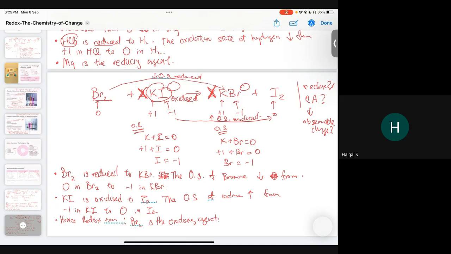Now, what is the observable change? What do you realize I added? Potassium iodide. I know KI is a reducing agent. I know that when it reacts with something else, it will turn from colorless to brown.